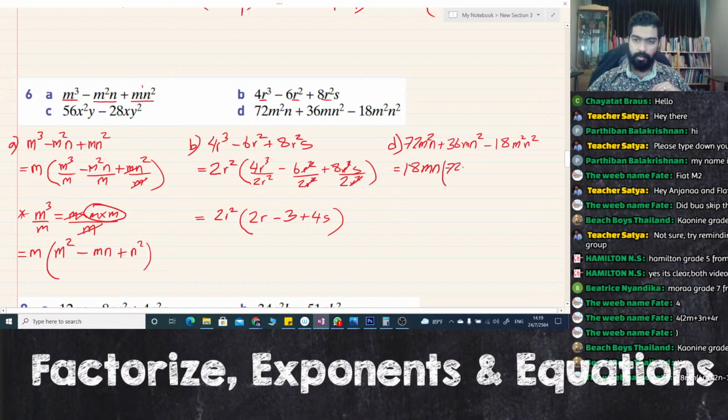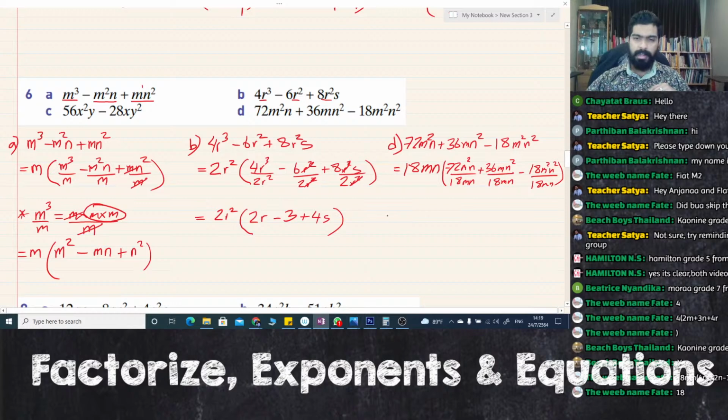So 72 m square n over 18 mn plus 36 mn square over 18 mn minus 18 m square n square over 18 mn, right?